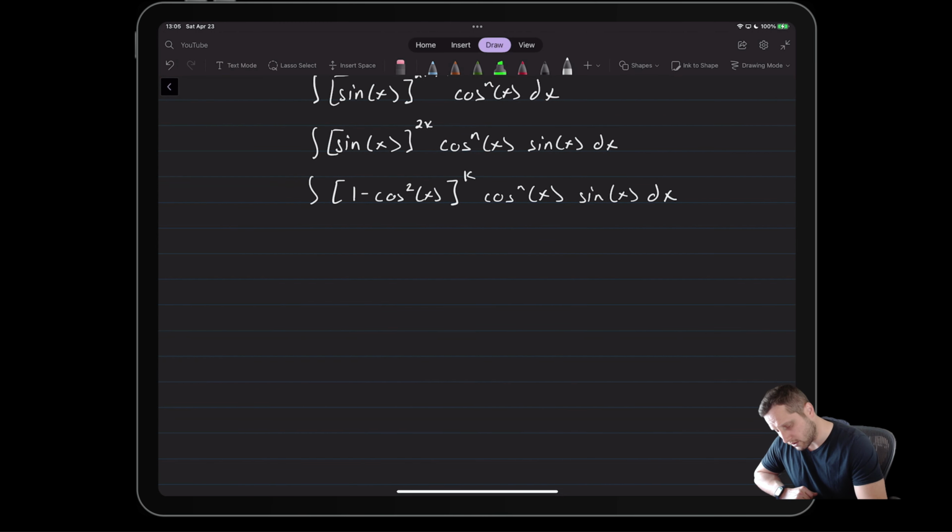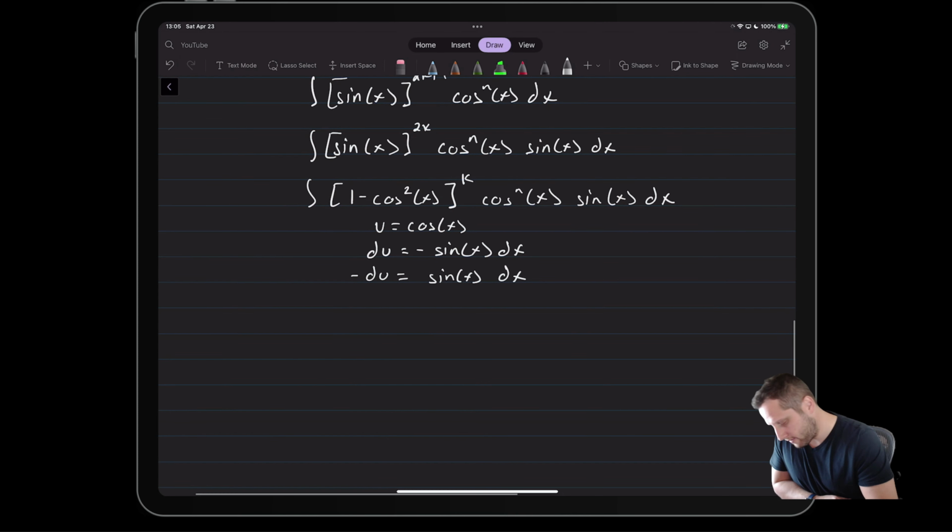We let u equal cosine x, so du is equal to negative sine x dx, so negative du is equal to sine x dx.